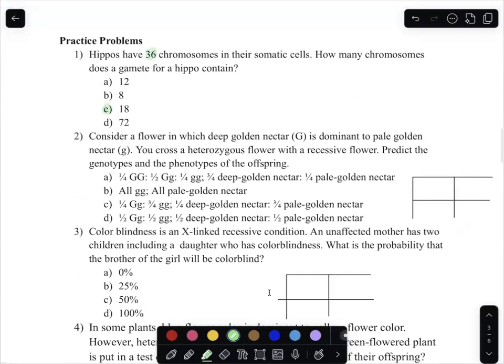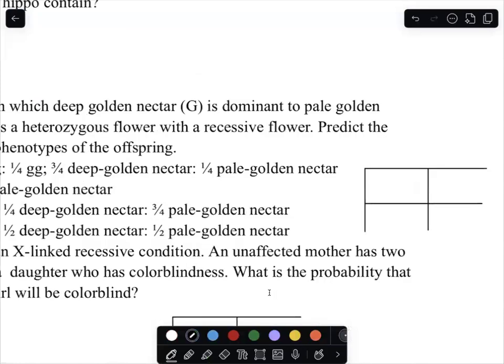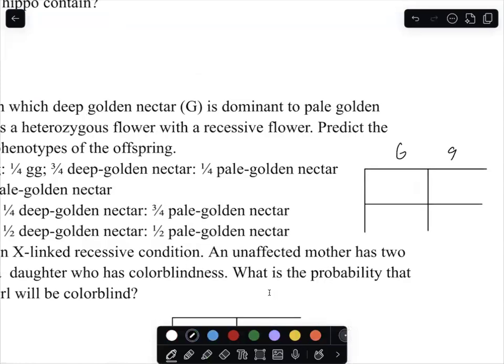Okay. A deep golden is dominant to a pale golden. You cross a heterozygous flower with a recessive flower, predict the genotypes and the phenotypes of the offspring. So you have a heterozygote and a recessive.